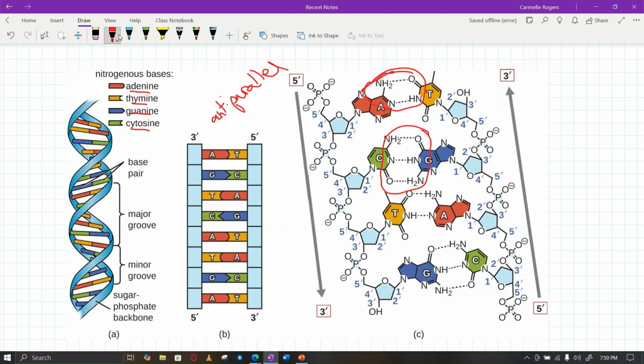Now, since we've talked a little bit about the DNA structure and the polarity, now we can go a little bit into RNA. So RNA has adenine, cytosine, guanine. And instead of thymine, it will have uracil. So this is one of the big differences, okay?